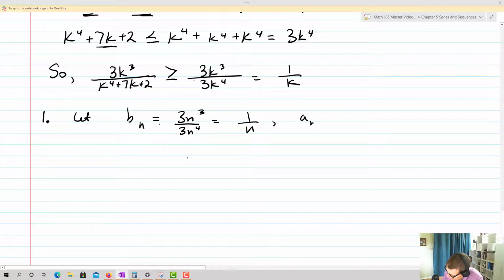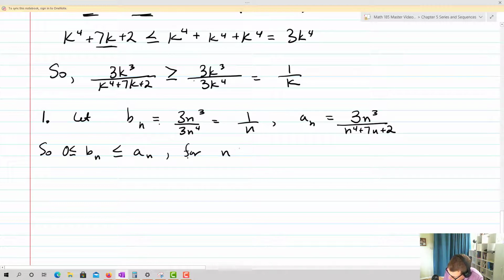Then a sub n equals our given sequence, 3n cubed over n to the 4th plus 7n plus 2. So what we proved just above is 0 is less than or equal to b sub n, which is less than or equal to a sub n for n greater than or equal to 2. It's important that it's only true when n is greater than or equal to 2.